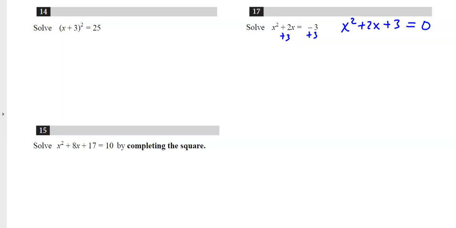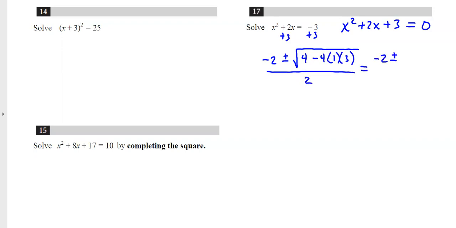So can't factor it. So negative b plus or minus square root of b squared subtract 4 times a times c all over 2a, which turns into negative 2 plus or minus square root of, well, that's 4 take away 12, which is negative 8 all over 2.